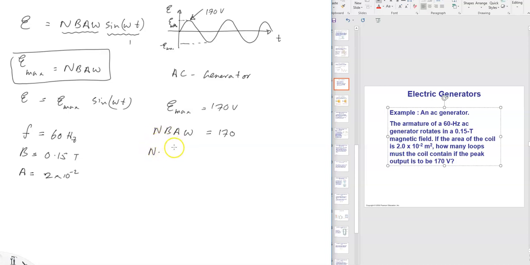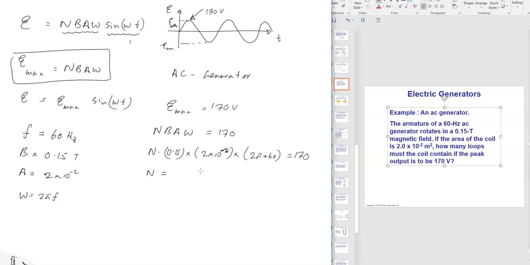N times 0.15, 2 times 10 to the negative 2, times omega. Now let's find what omega is. Omega is 2 pi f, 2 pi times 60. So N times 0.15 times 2 times 10 to the negative 2 times 2 pi times 60 should be 170.